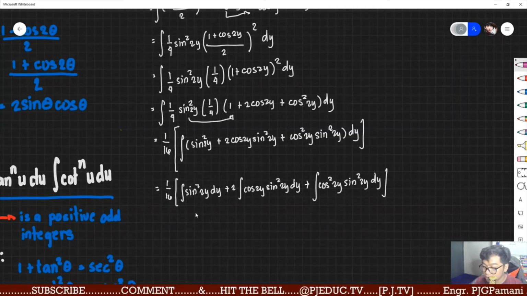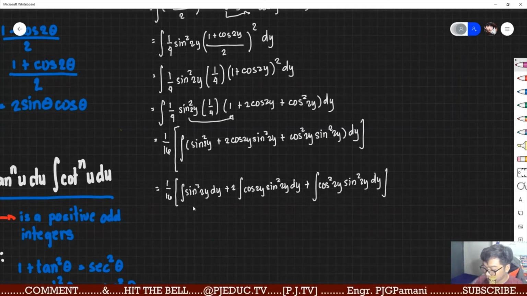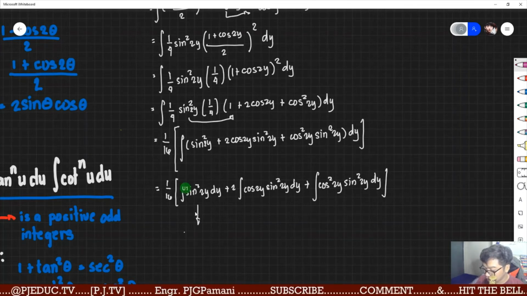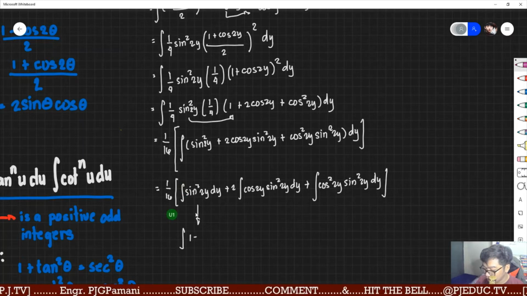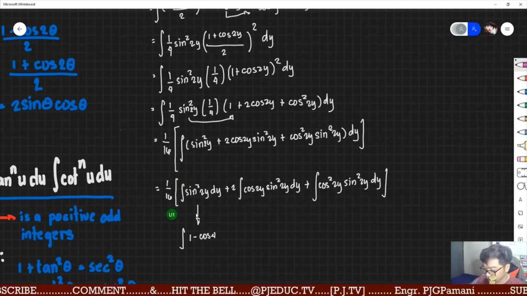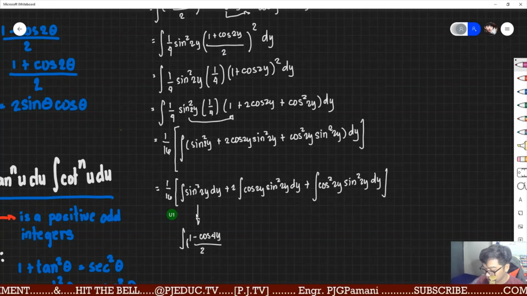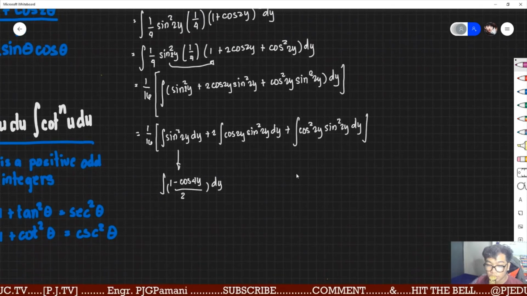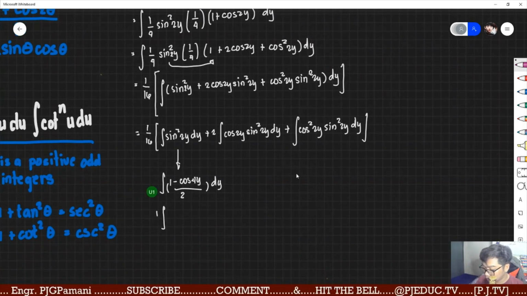So with this one, we can transform that as what? That is also expressed as 1 minus cosine 2 times 2, 4y over 2 based on our identities. Isa-isahin ko para makita natin. Then, that is now 1/2.